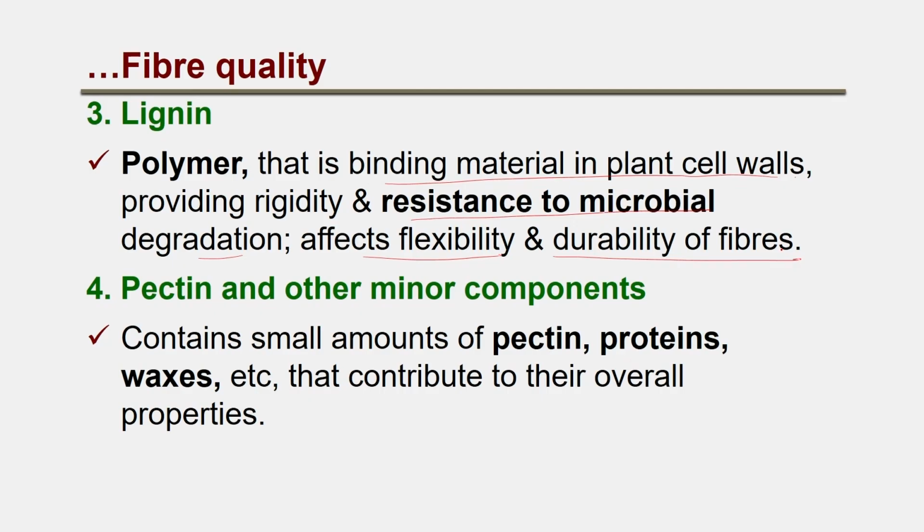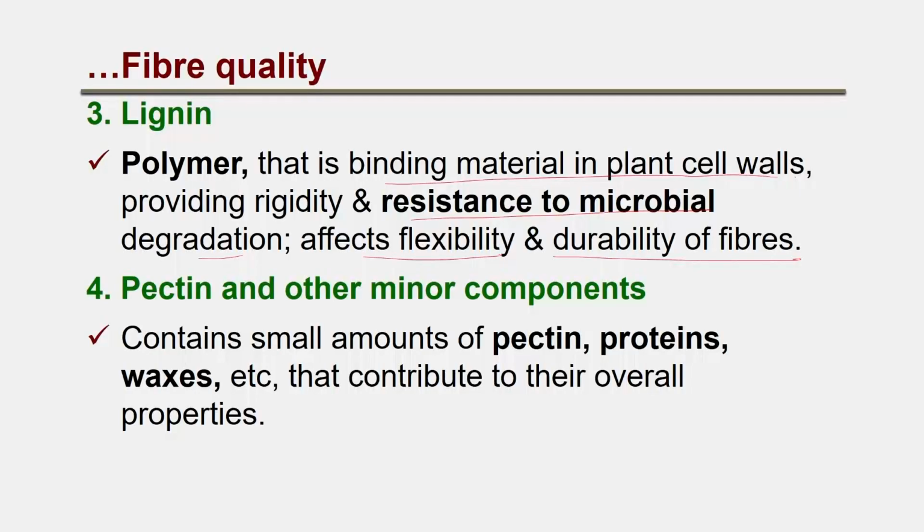So lignin is also an important constituent of fiber quality, like cellulose or hemicellulose. Then there are some other components like pectin and minor components. So it contains a small amount of pectin, proteins and waxes that contribute to the overall properties.